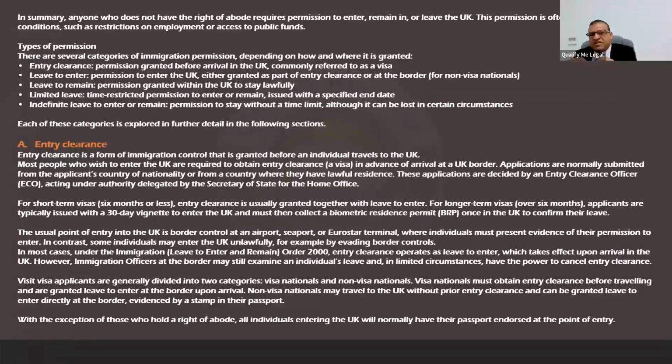Those people who have right of abode or who are British nationals are allowed all the public funds. But those people who are not on settlement, who are on other categories, the four categories which I already explained to you, are not entitled to use public funds. So these were the details so far.